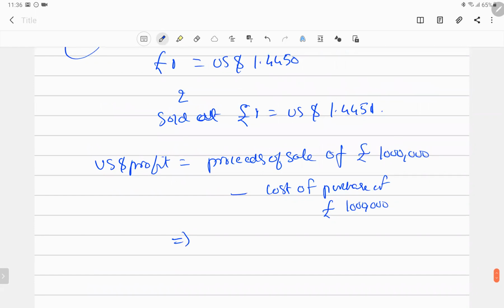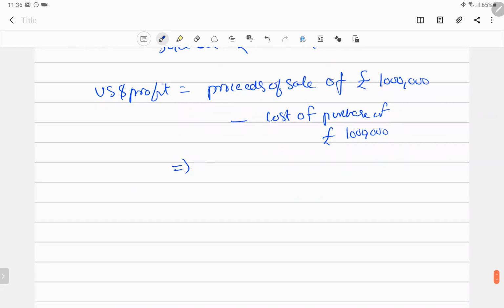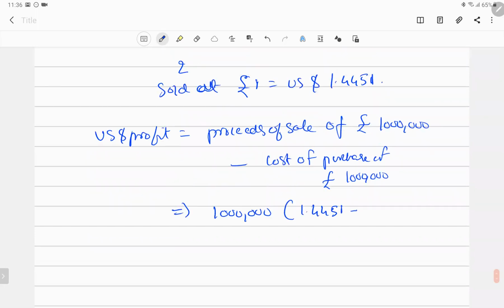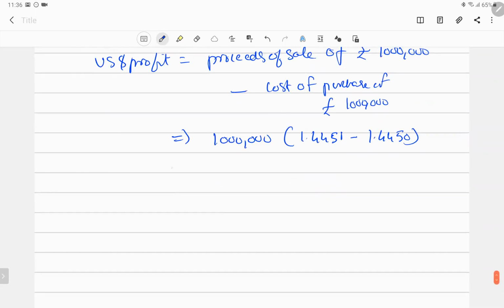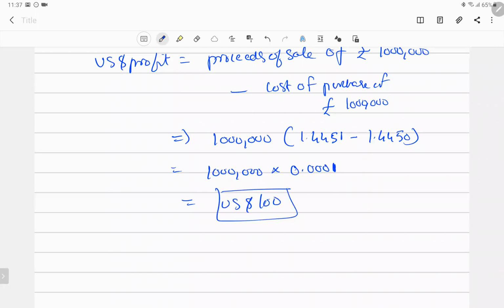You can multiply this into this, or you can put the common thing out here, and you can subtract 1.4451 minus 1.4450. Okay, so how much are you getting? 100 into 0.0001, right? So you're getting $100, right?